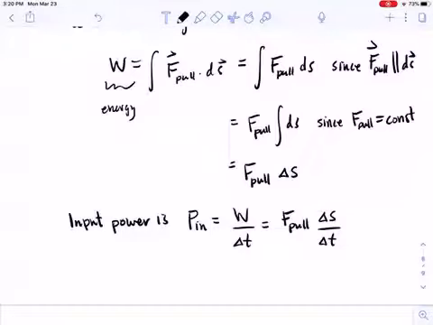But how far the bar moves in a given amount of time, so delta S divided by delta T, is just the speed of the bar. And so that's just F pull times v.